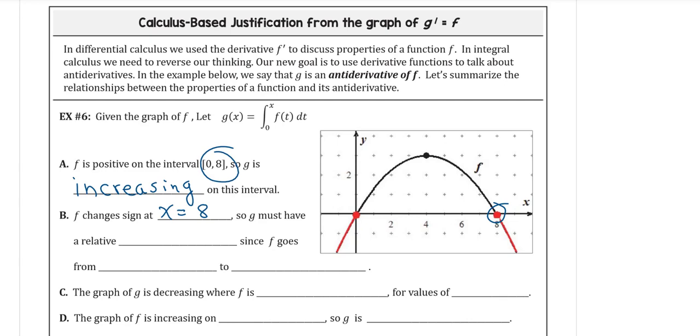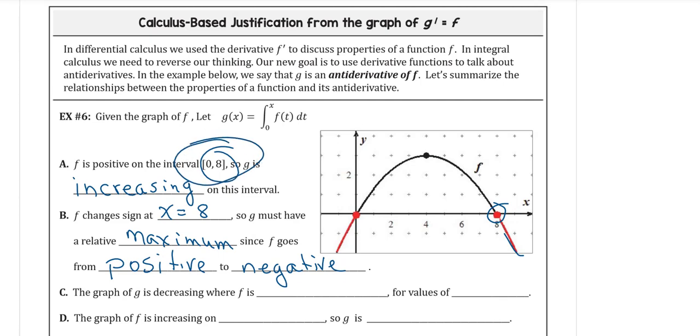So g, if this were to continue, we could say that g has a relative maximum since f goes from positive to negative. We can see it on the graph, even though it's not included in the originally defined domain that we have here, our interval. Well, I guess technically that isn't our interval.